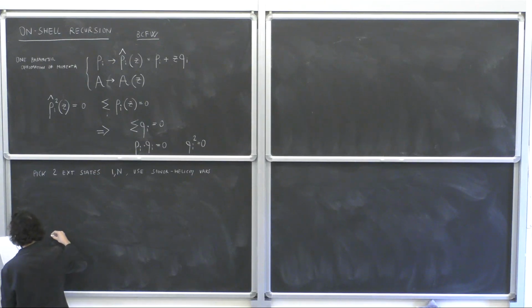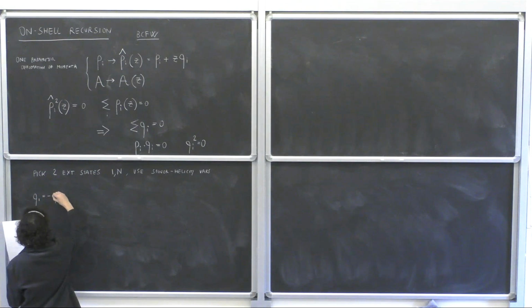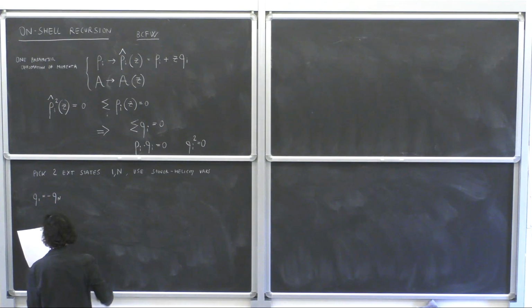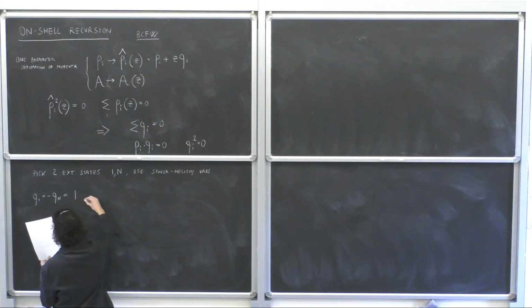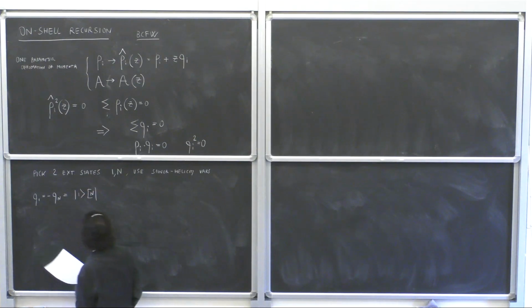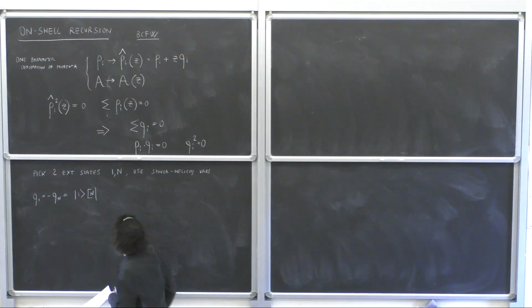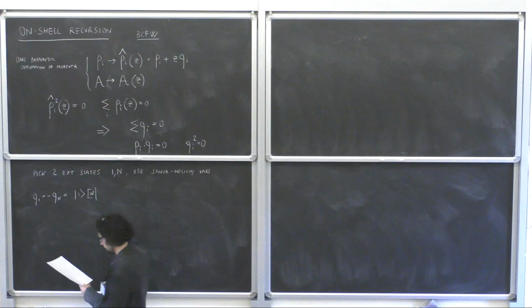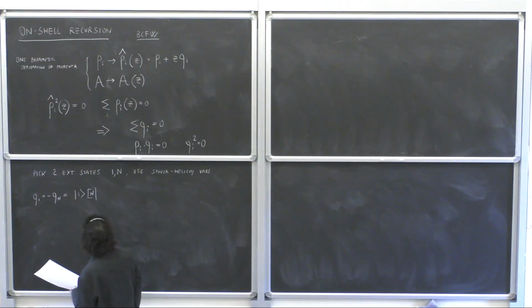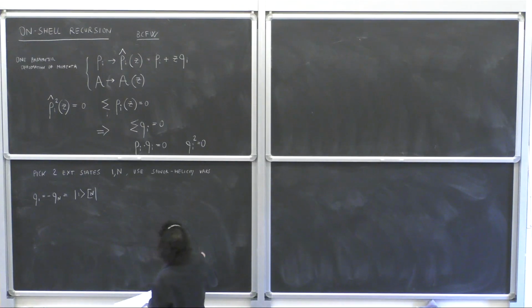In this particular case, I take Q1 to be, due to momentum conservation, minus Qn, and I write this in spinor helicity variables as 1n. So essentially, I take the lambda spinor of leg 1, and I take the lambda tilde spinor of leg n. And it's easy to verify that actually this solves the conditions, right? So I mean, it is manifestly written as a null momentum.